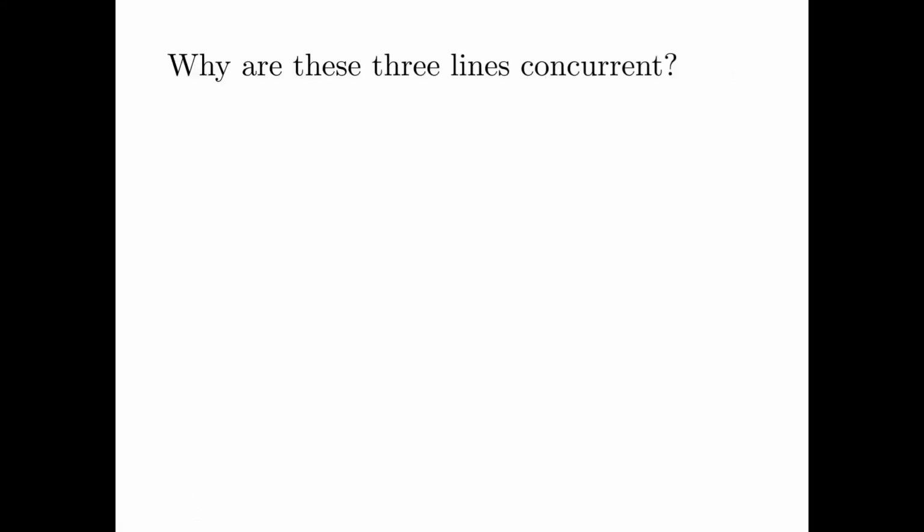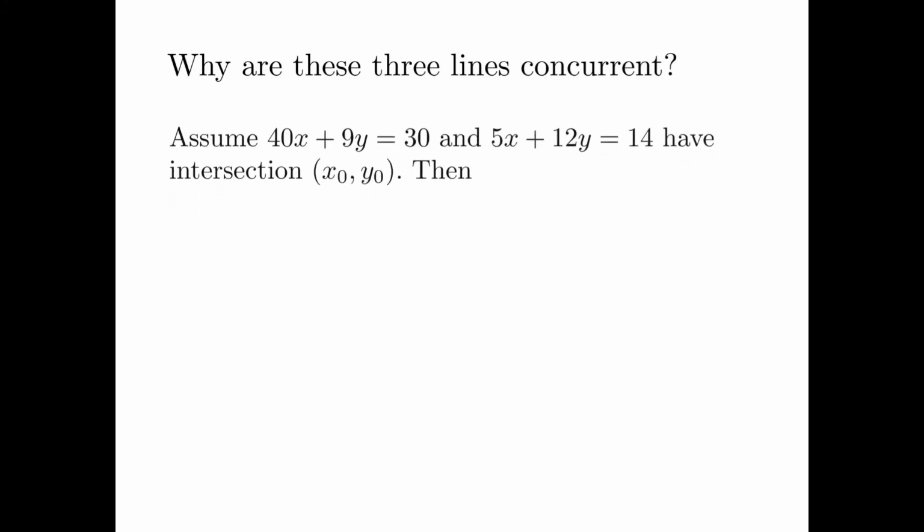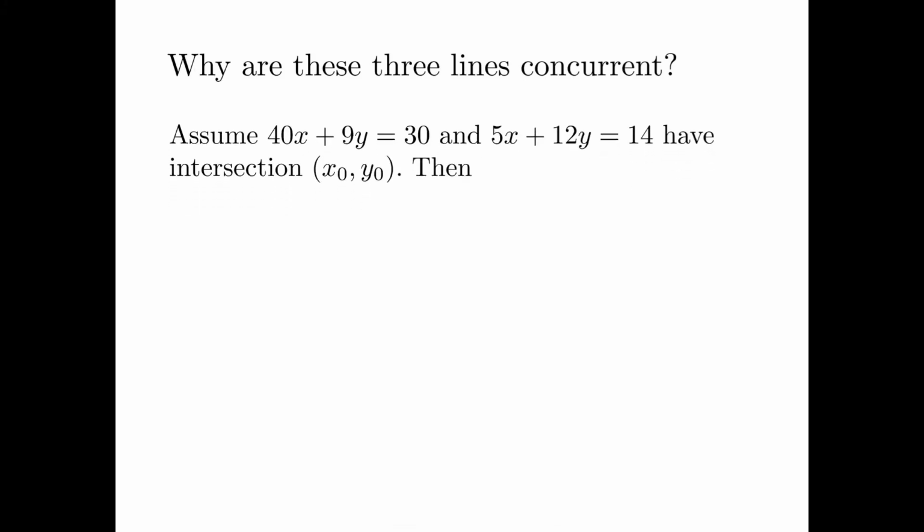Why are these three lines concurrent? Assuming the two existing lines intersect at x0, y0, then x0, y0 satisfy the equations. You can find the values of x0 and y0 by solving a system of linear equations, but this is not necessary.